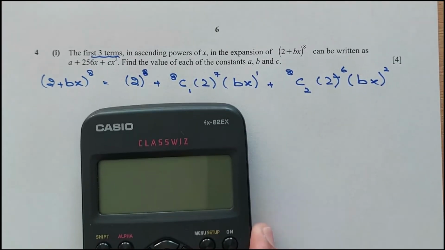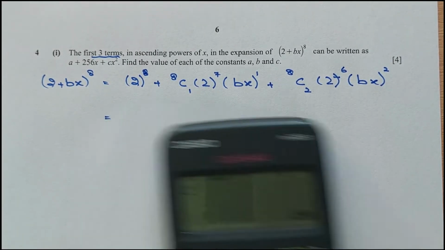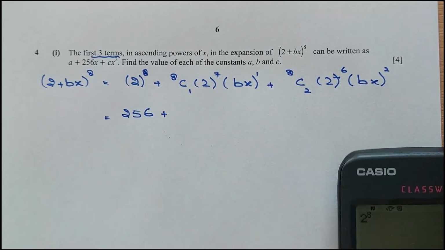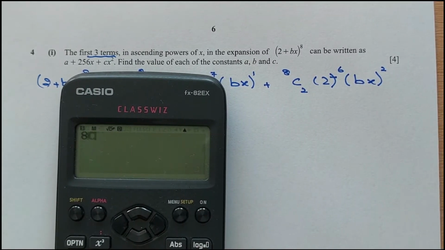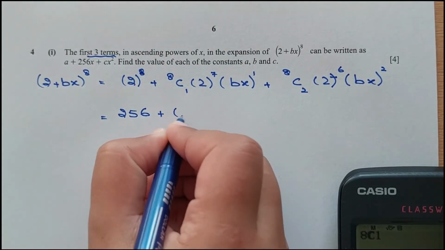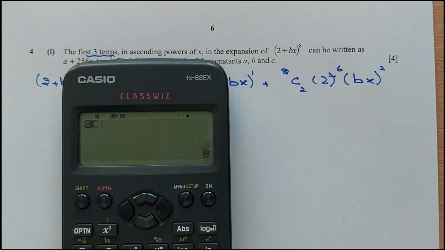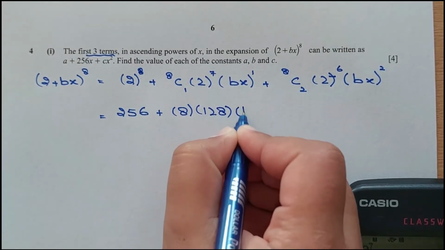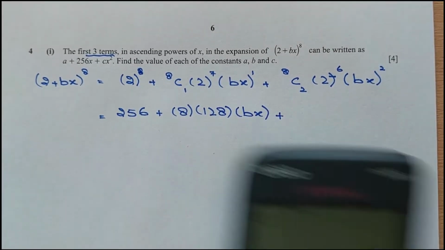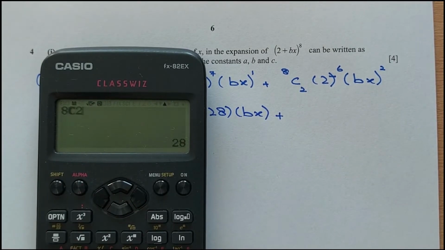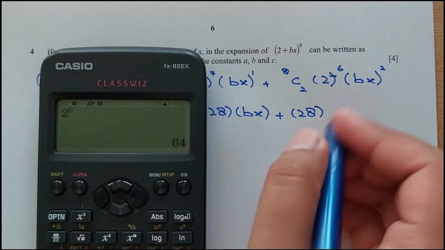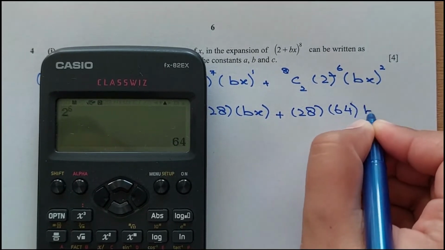So 2 power 8 is 32. Let me double check. No, sorry, 256. 2 power 5 is 32, yes. Plus, what is 8c1? 8c1 is 8, 2 power 7, 128, times bx, plus 8c2. 8c2 is 28, 2 power 6 is 64, b square x square.